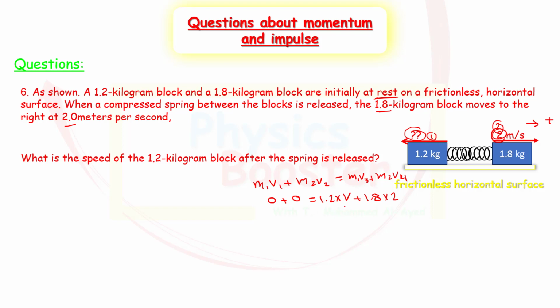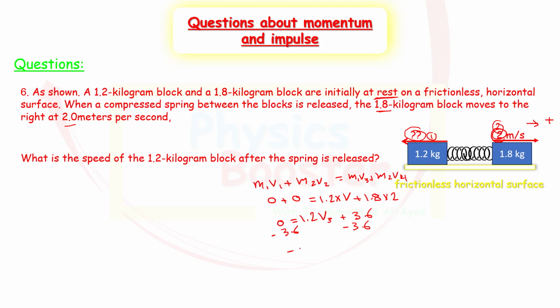Okay, now 1.2v plus 1.8 multiplied by 2. So we can say that 0 is equal to 1.2 times the velocity, or we can call it V3, sorry, which is the velocity of the object after it was released, plus 3.6.